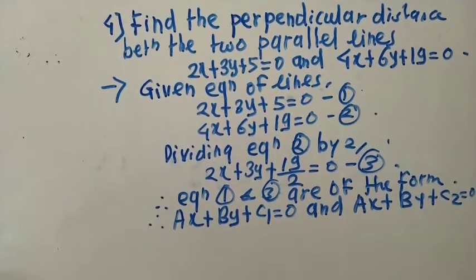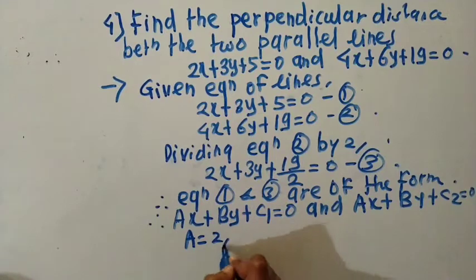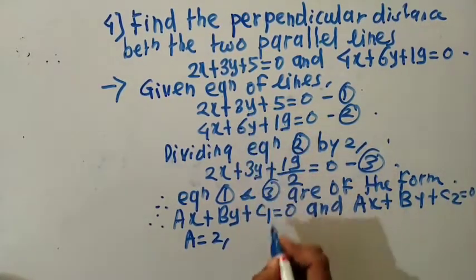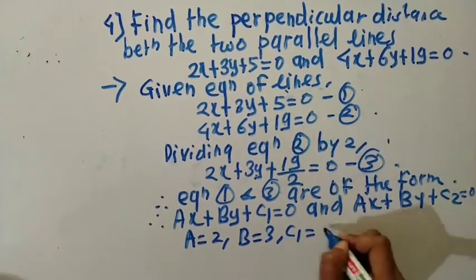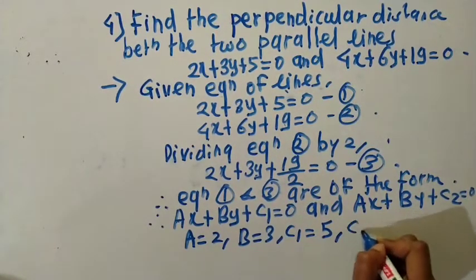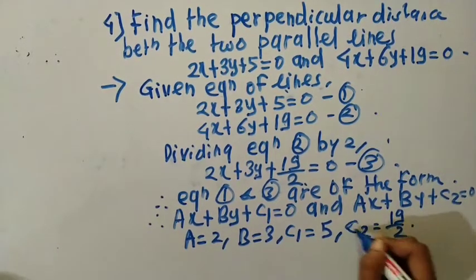Hence comparing this equation, a is equal to 2, b is equal to 3, c1 is equal to 5 and c2 is equal to 90 upon 2.